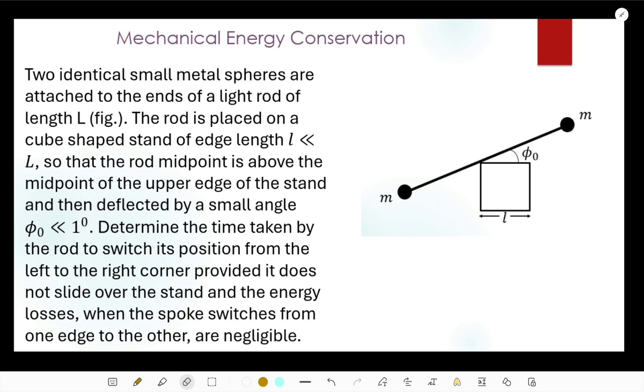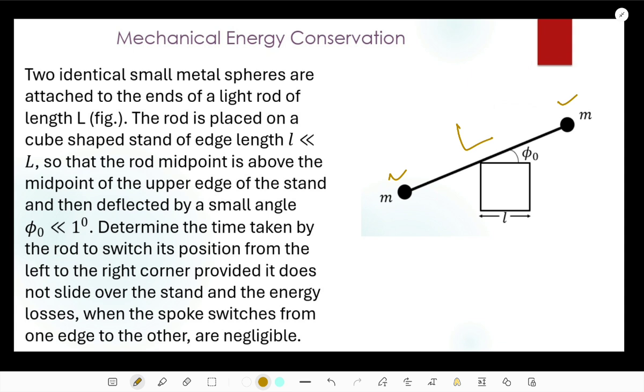There are two identical small metal balls, you can see here by yourself, to the ends of a light rod of length L. The rod is placed on a cube-shaped stand, of edge length small l, which is very much smaller than the length of the rod.